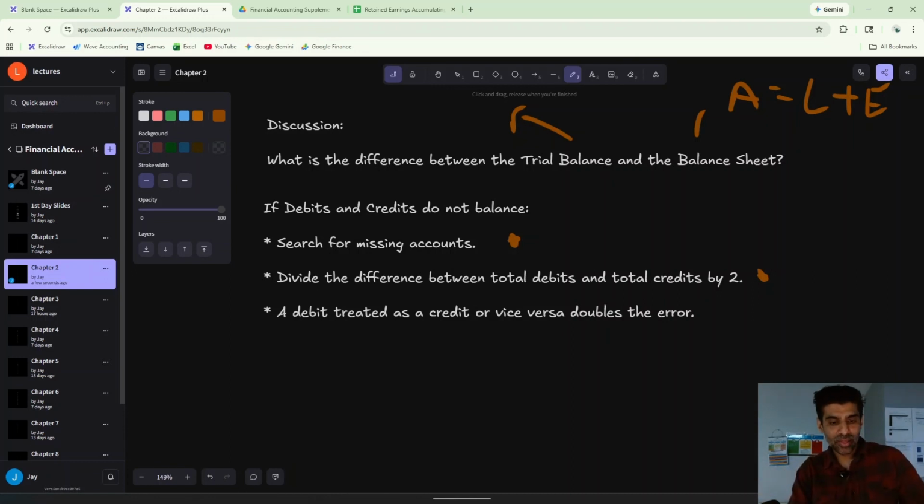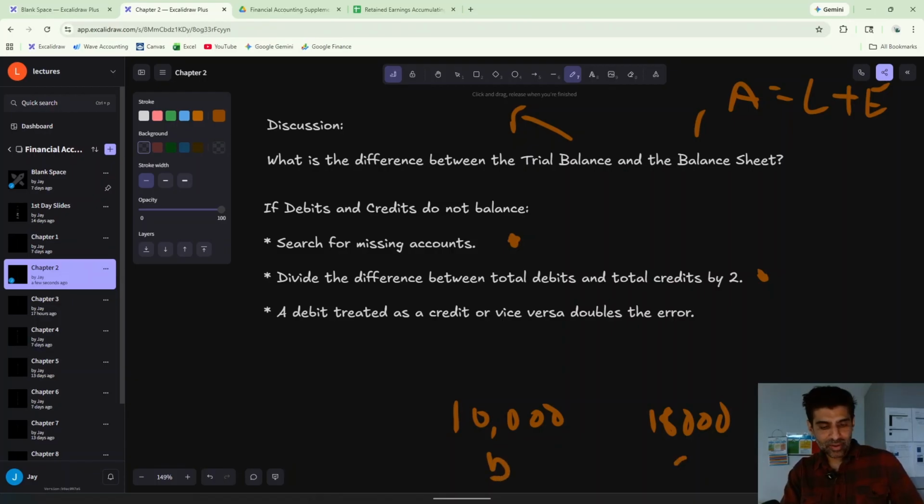And this math, let's say you had 10,000 on the credits and 18,000 on debit. The difference is 8,000. And if you divide that by 2, it's 4,000, right? That means that maybe what should have been a $4,000 debit, you made as a credit.